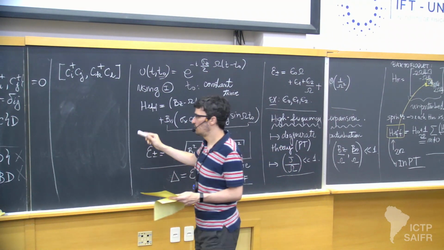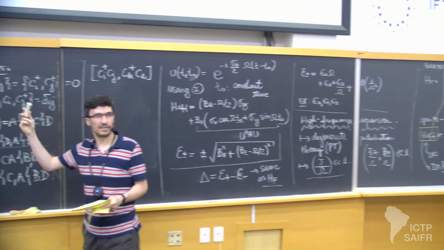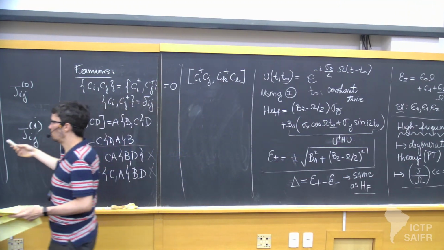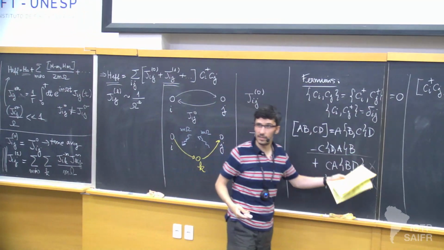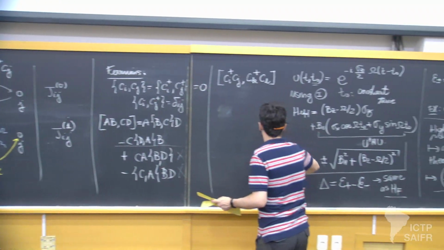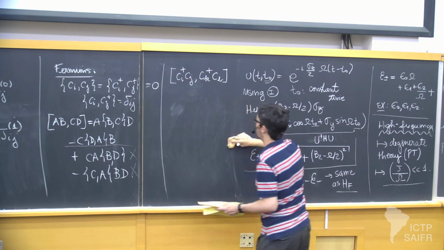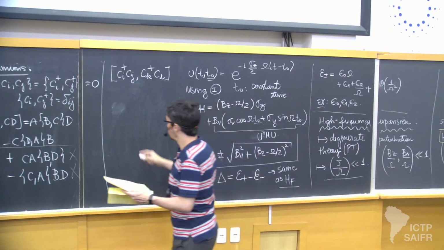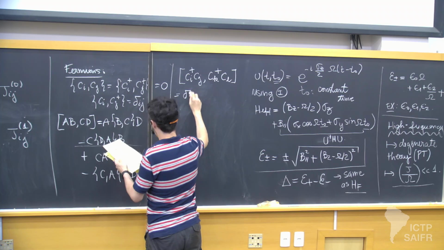This is a simple exercise that is completely complementary to what we are doing here. This exercise is not Floquet. This exercise is more related to the strong correlation part of this course. Okay, just to give you the result, you can verify this. It's very simple.